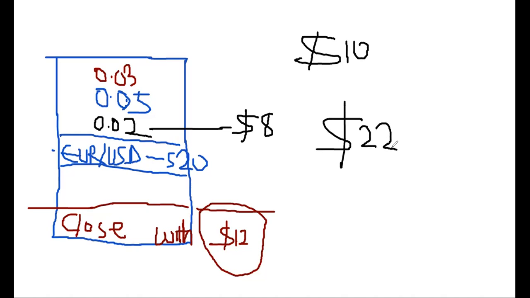But if, God forbid, the trade goes in reverse and is now on minus, whenever you are losing a trade, you see something like minus $3 or minus $4. If you subtract this minus $4 from $12, you are still going to be having a profit of $8 running. So that's partial closing.